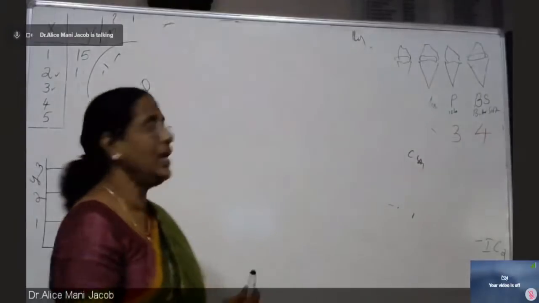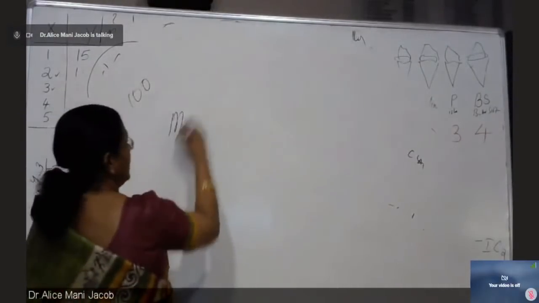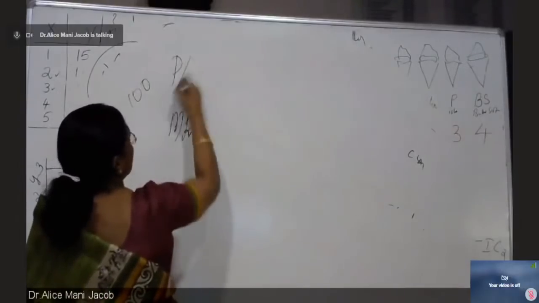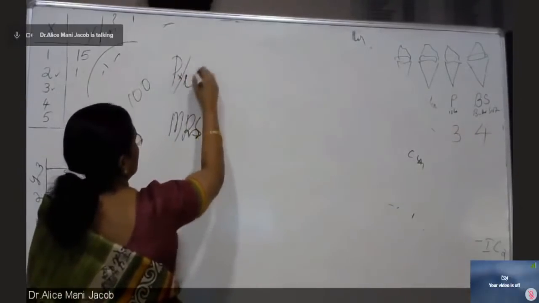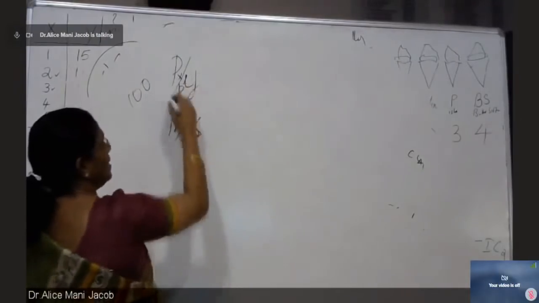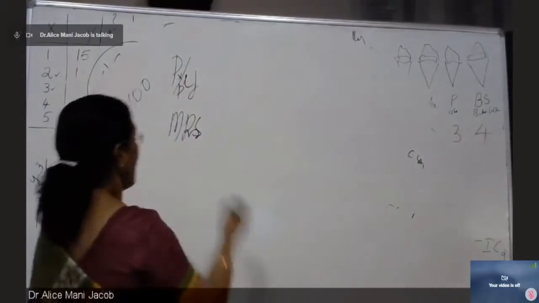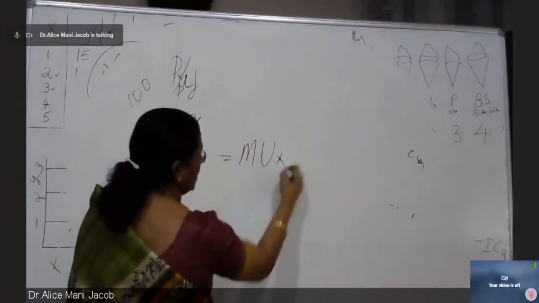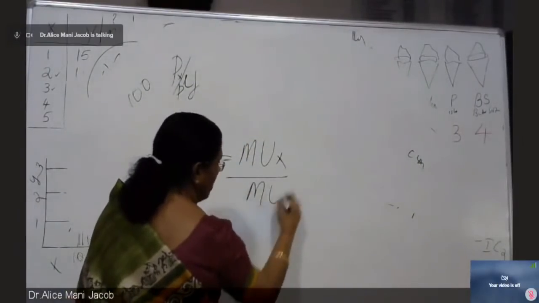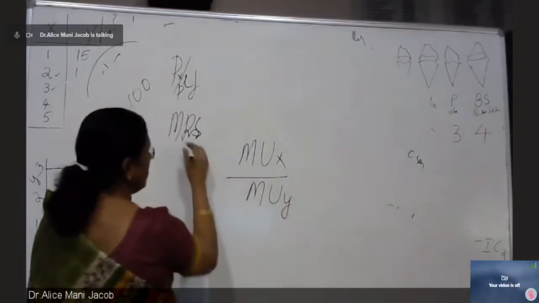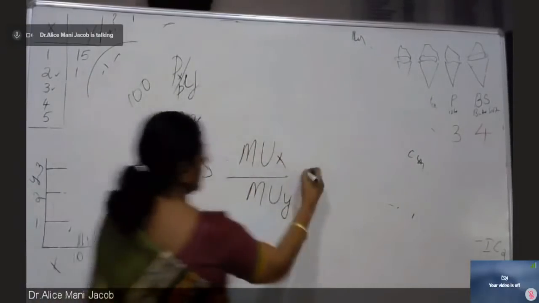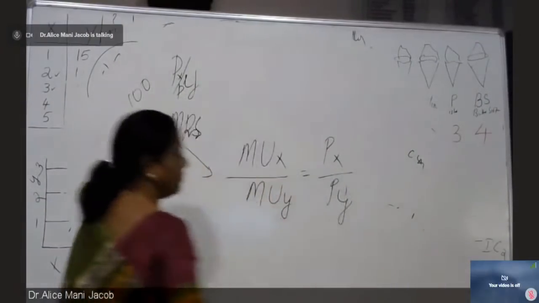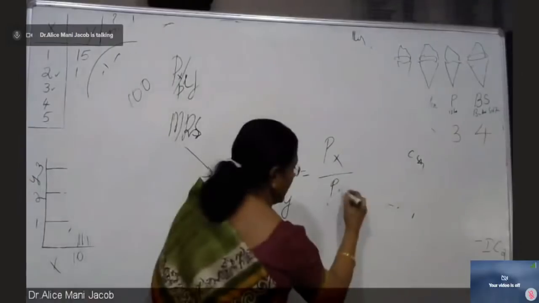Okay? And we know the slope of the indifference curve is MRS, and the slope of the budget line is PX by PY. And so we know MRS is nothing but MUX by MUY, and that is equal to PX by PY at equilibrium. Are you with me?